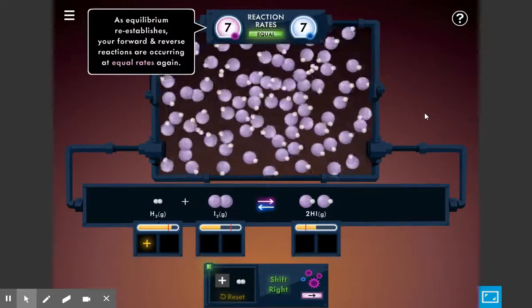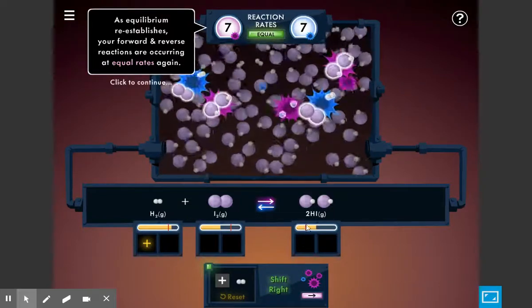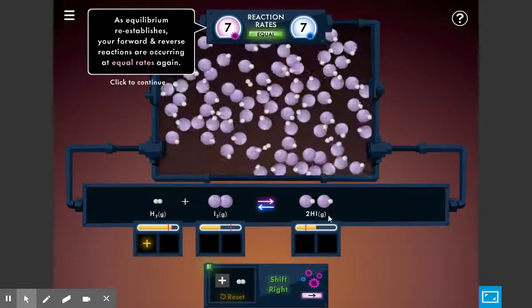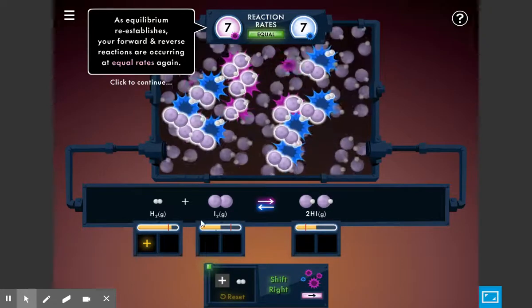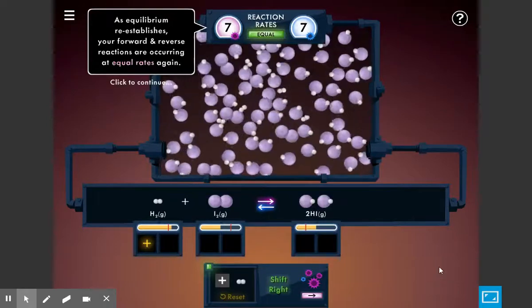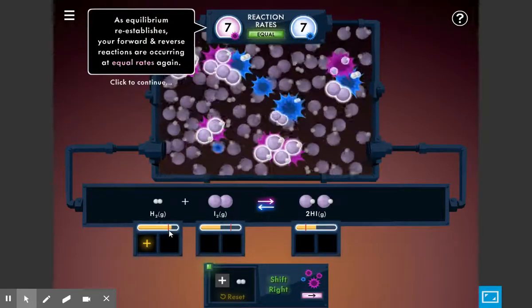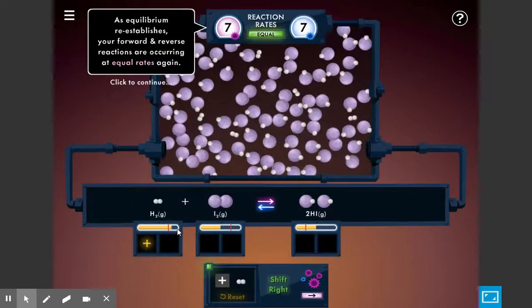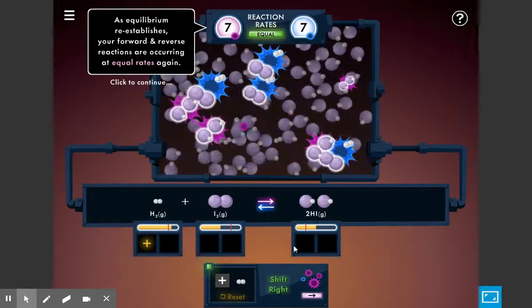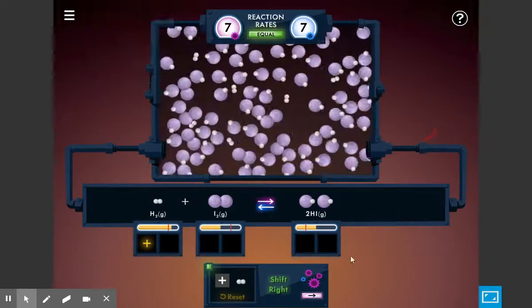We've reestablished equilibrium, and we see from the red marker that noted our initial position, we've increased our products and we've decreased the amount of reactants that we originally had. Notice that equilibrium does not restore to the initial position for H2, but we did decrease some of the extra H2 that we had available to us by our initial stress.